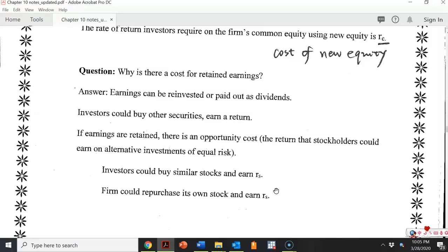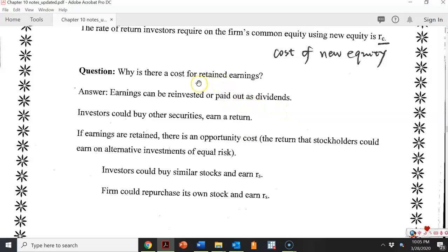So this is why we say the cost of common equity is actually an opportunity cost, because instead of retaining these earnings, they could be reinvested by the firm or paid out to the investor, so the investor could use this money to invest in other investments.